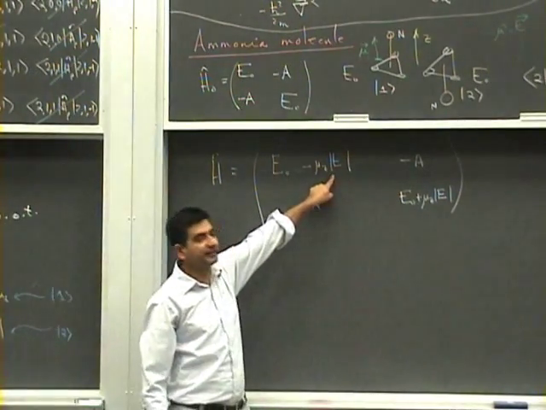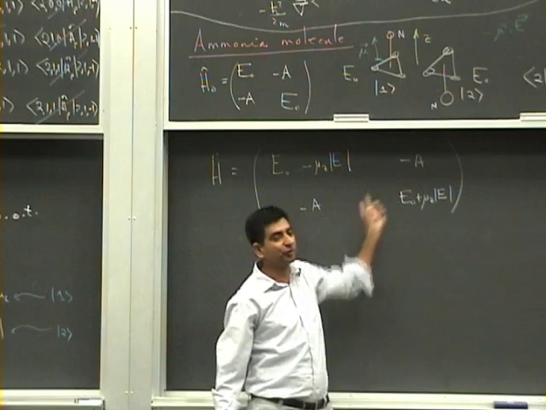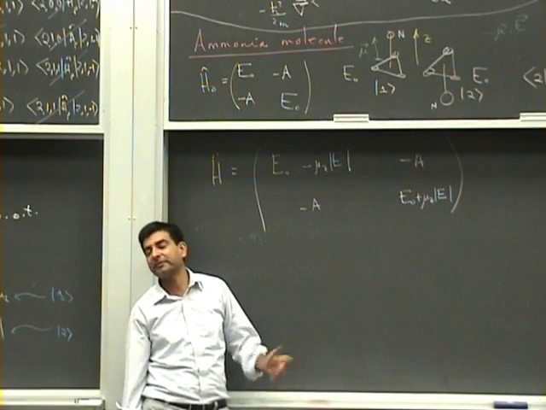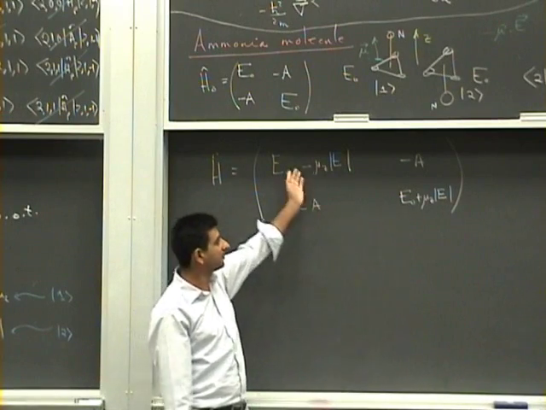Now, if the electric field that's applied is much larger as compared to these off-diagonal terms, then the eigenstate will simply be the eigenstate of the sigma Z operator, because the matrix will become that.